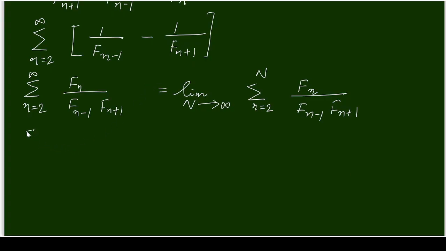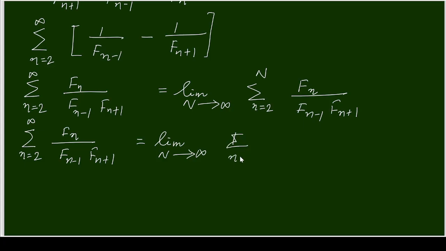So this summation is nothing but the limit n tends to infinity of the summation n equals 2 to n of 1 over fn minus 1 minus 1 over fn plus 1.